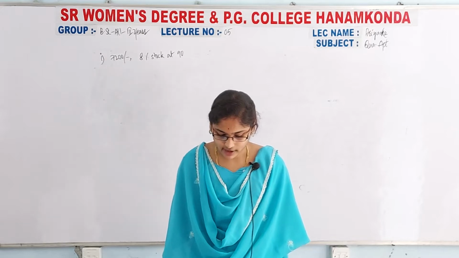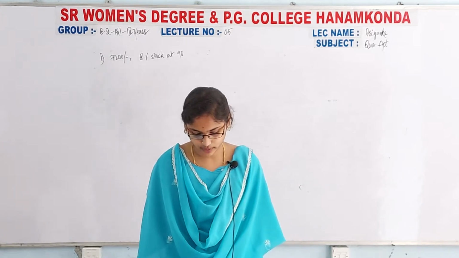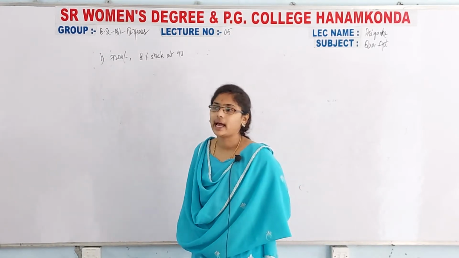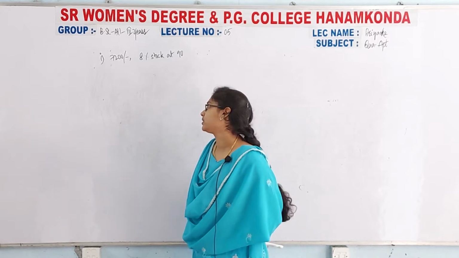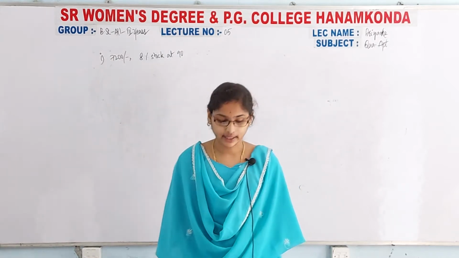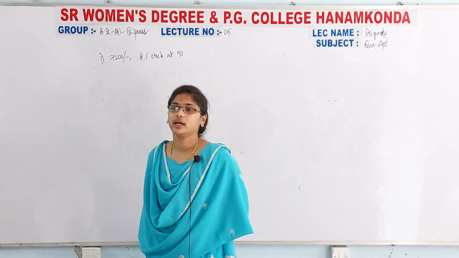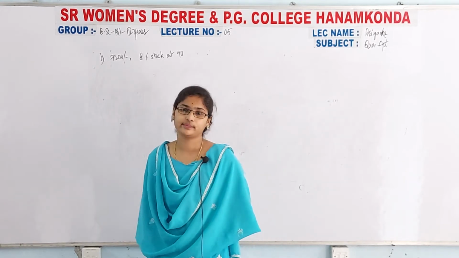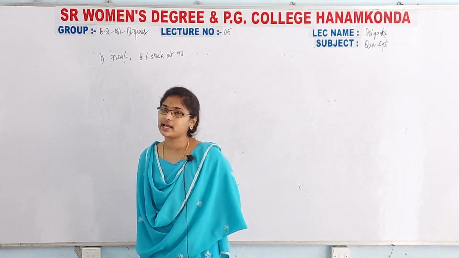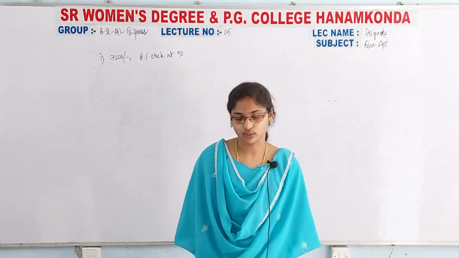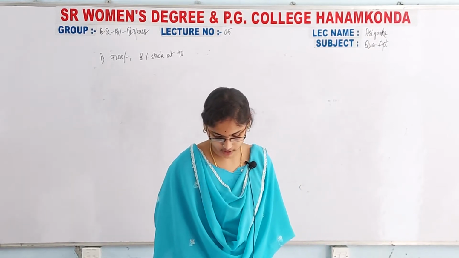The cost of 7,200 stock equal to 90 by 100 into 7,200. 2 zeros get cancelled. 90 into 72. Just calculate and write the answer.